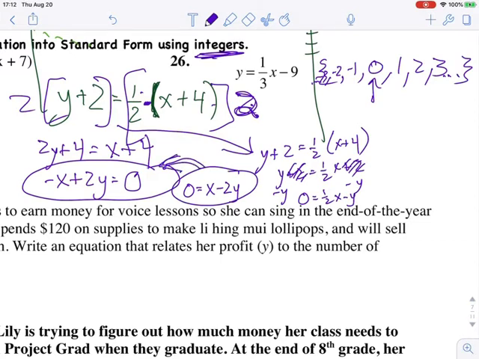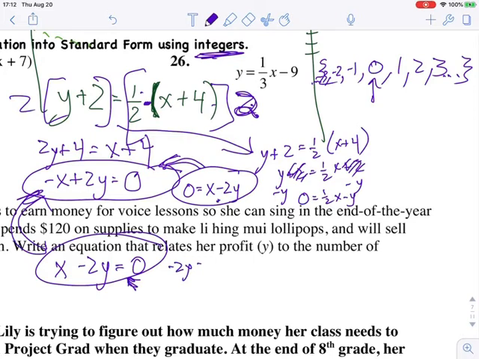How do we know they're equivalent? Okay, if I wrote this underneath here, I would have x minus 2y equals 0. These two equations are equivalent because, okay, there's a couple ways we know this. Let's say we isolated y here. We'd have negative 2y equals negative x, and we would get y equals 1 half x.